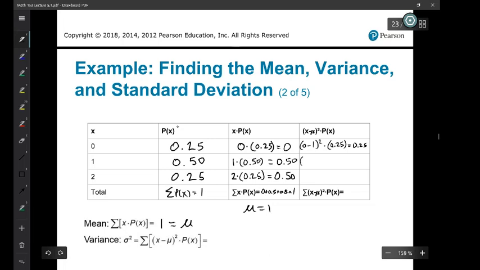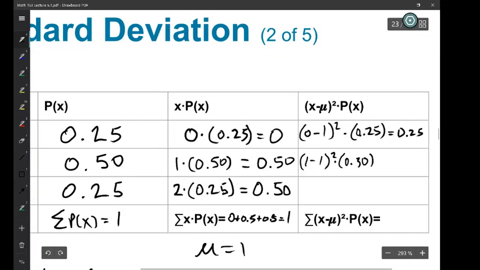Then for the next entry, when x is 1, 1 minus the mean is 1 minus 1, squared, times 0.5, which is 0 times 0.5, which is 0.